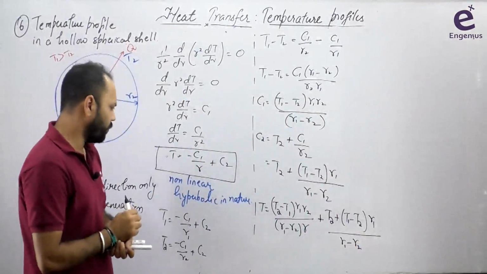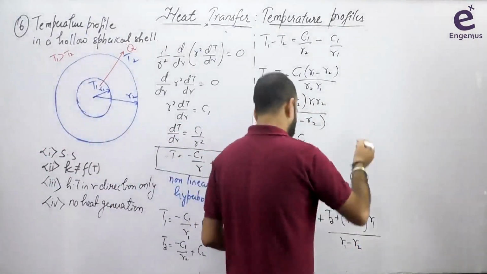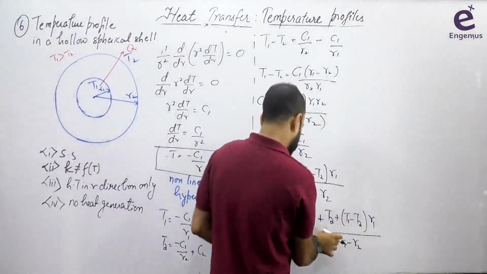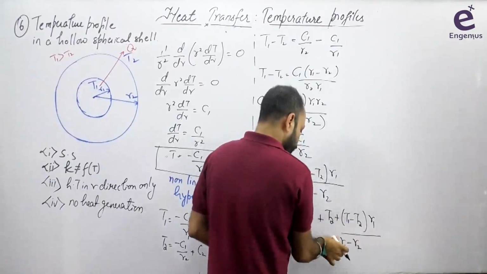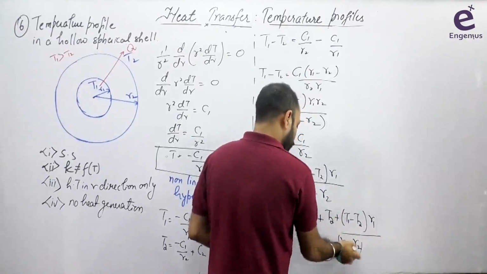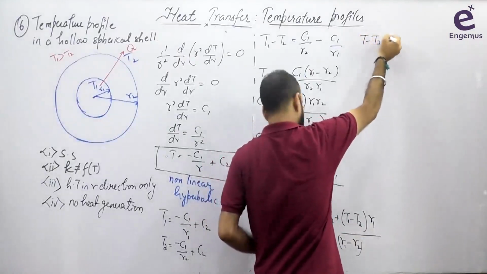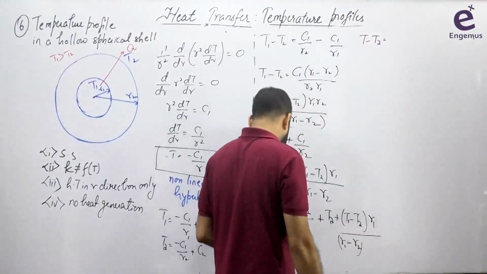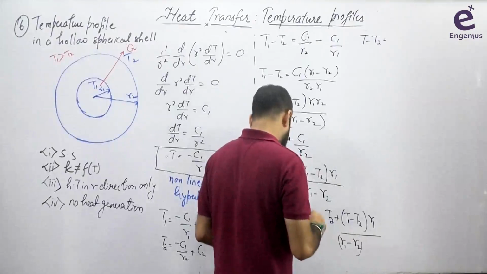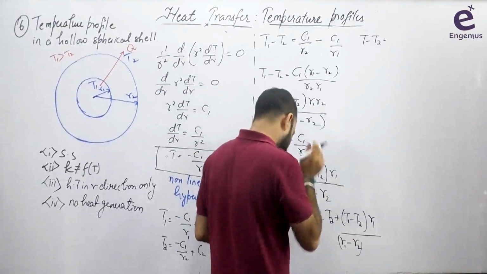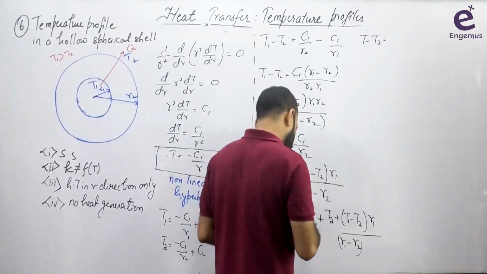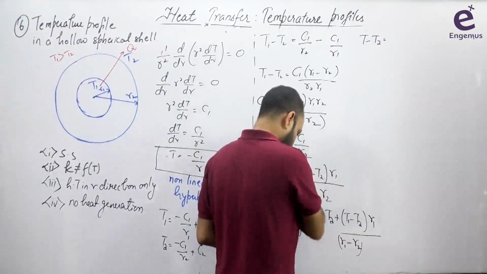So, can we take something common? Let's see. I can write this equation as T minus T2 is equal to (T2 minus T1) by (R1 minus R2).